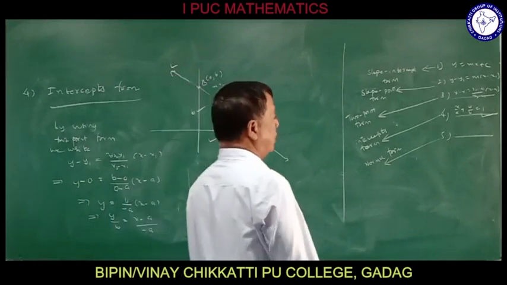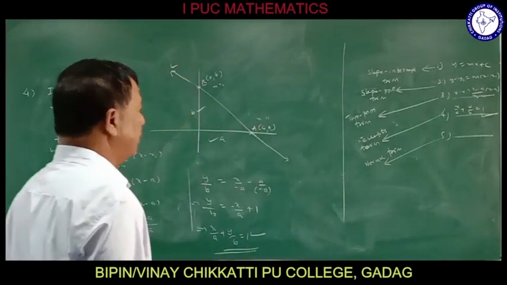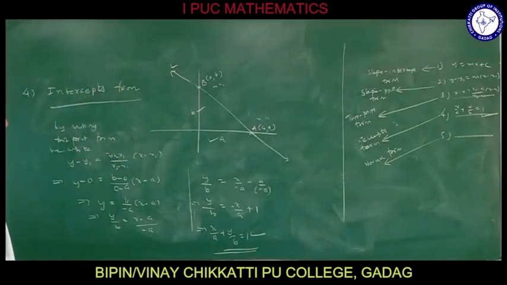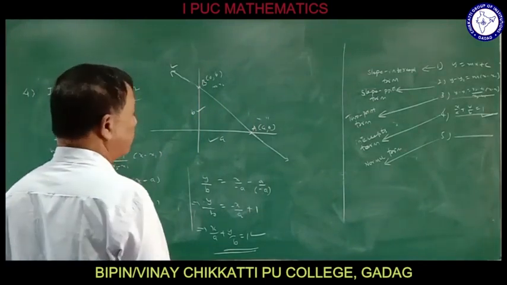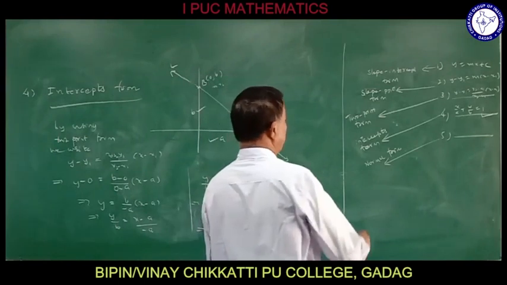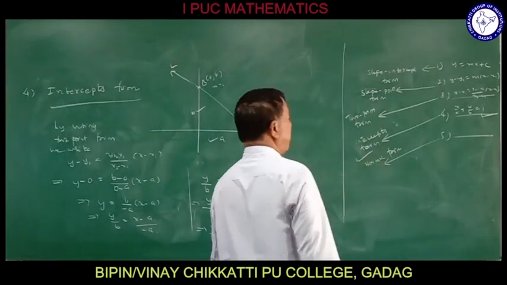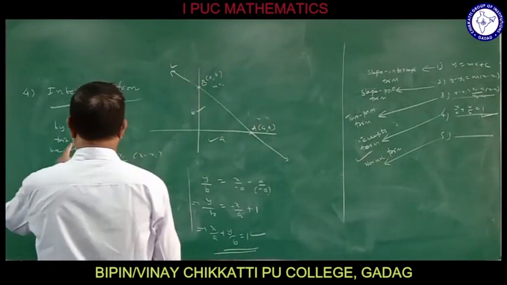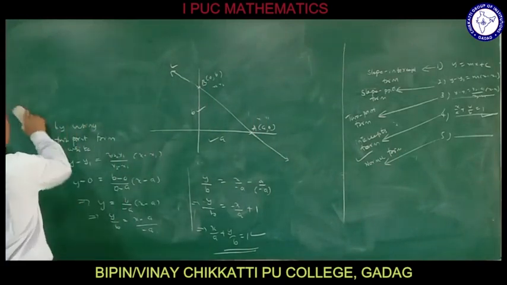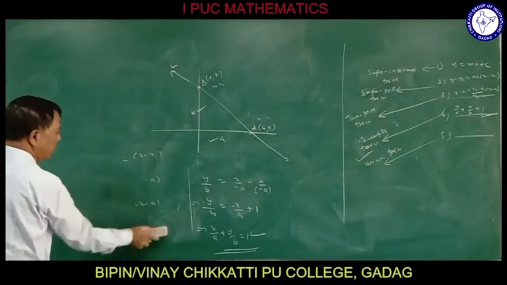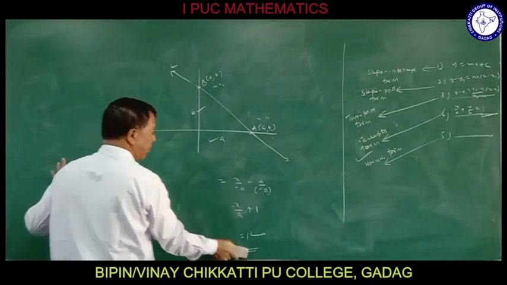Now finally you have to see the normal form. I hope 4 forms are completed now. Now we are going to discuss the normal form of a line.